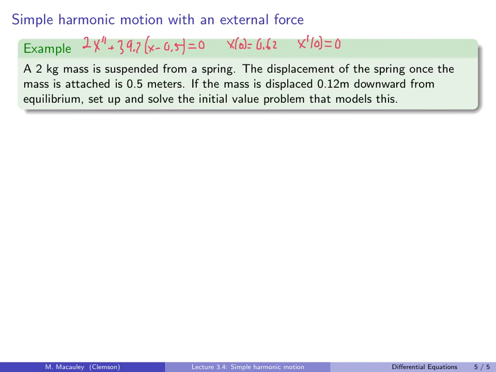So I'm going to rewrite this one more time in our standard form. 2x double prime plus 39.2 x equals 19.6. Actually not quite our standard form because I didn't divide by 2.